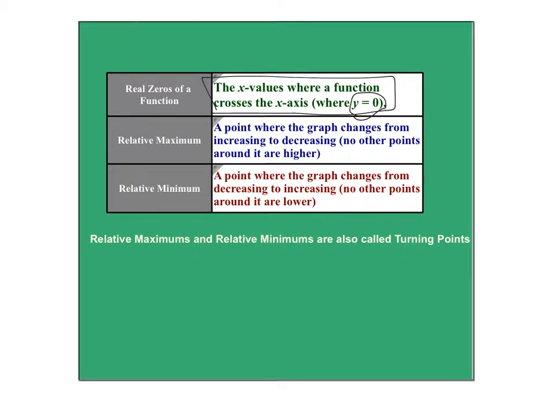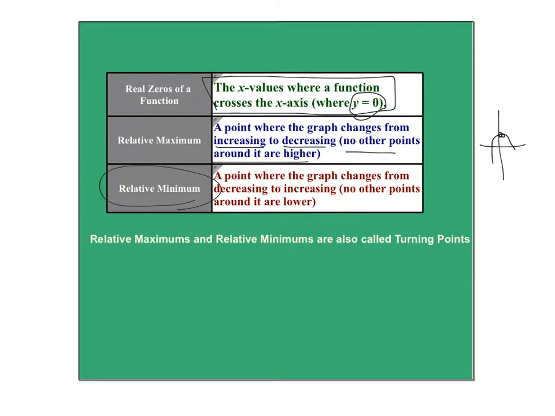A relative maximum is where the graph changes from increasing to decreasing, so no other points near it are higher. If the graph does something like this, this would be considered a maximum right around there, regardless of what else is going on around it.